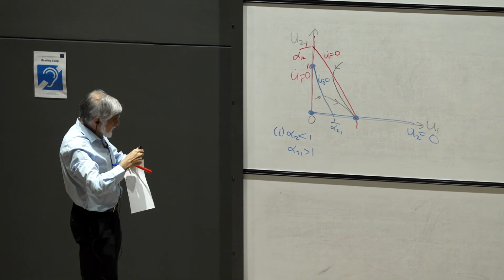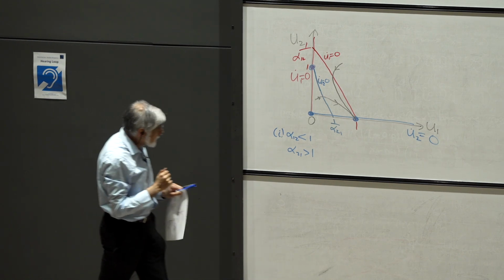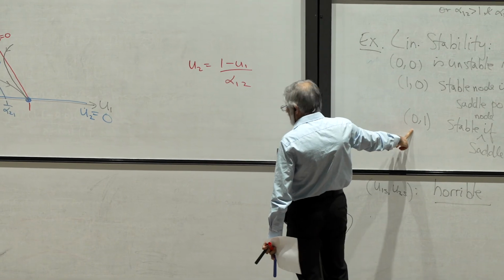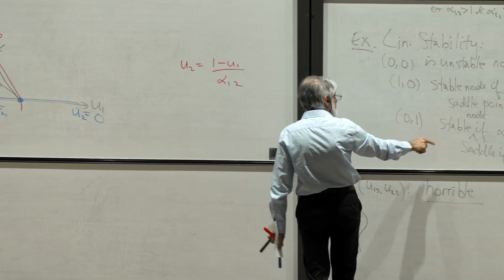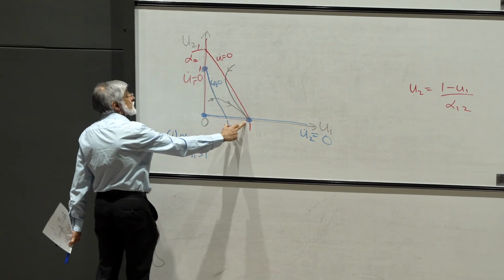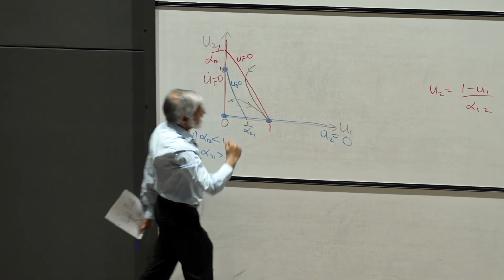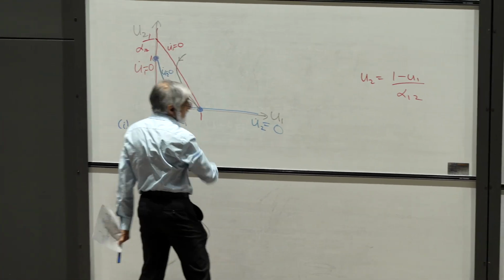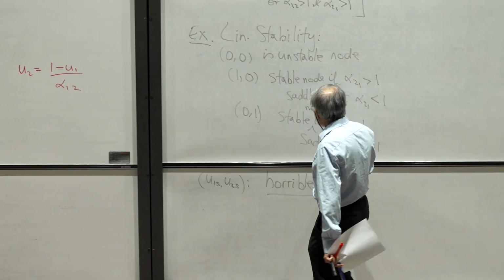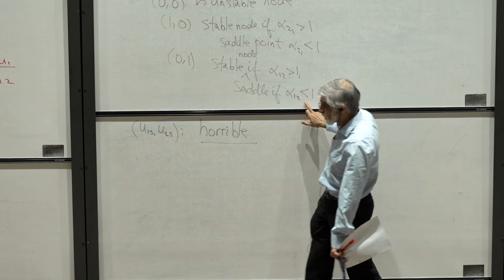Let's see if that's consistent with our linear stability analysis. 0, 1, if alpha 1,2 is bigger than 1, 0, 1 is a stable node. That looks like a stable node. And what about this one here? 0, 0, 1 is a saddle if alpha 1,2 is less than 1.